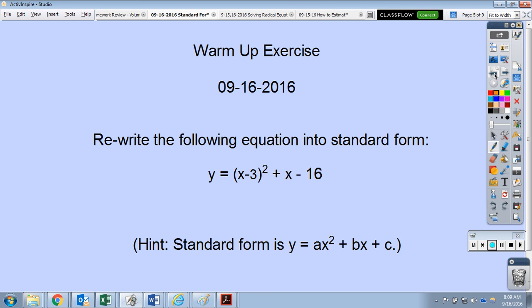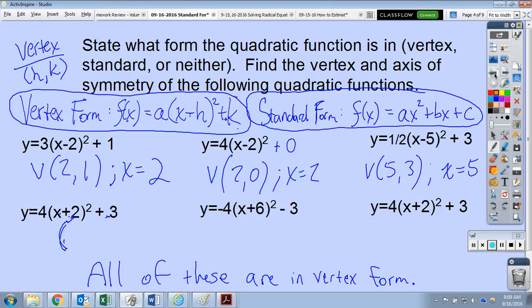Let's review vertex form. When it's presented in this form, what is the vertex?